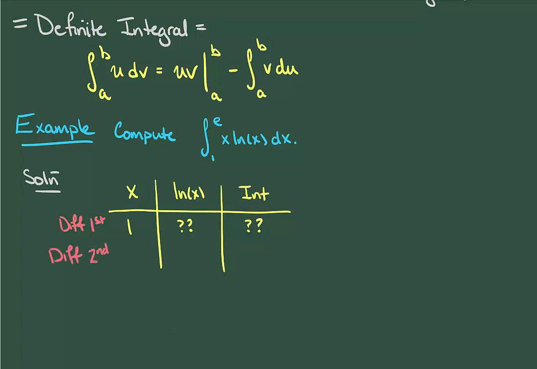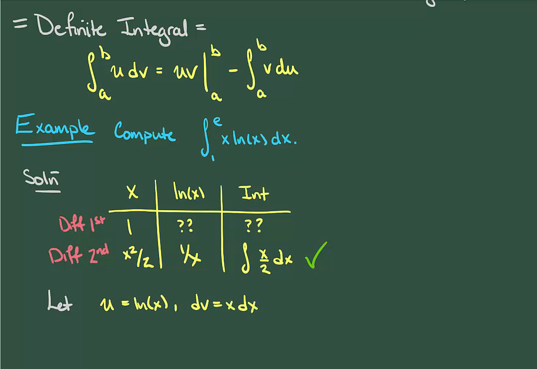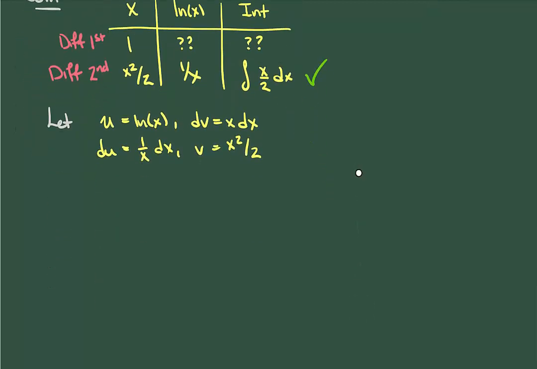Instead, integrating x and differentiating ln is not only doable, but gives us a surprisingly nice integral at the end of the day. So that tells us we're going to set u to be ln x, dv to be x dx, and then we're going to compute du and v as usual. And then integrating by parts gives us the following.